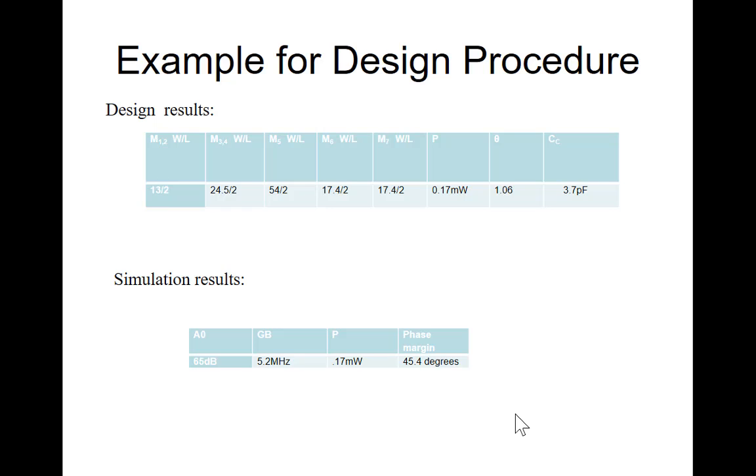What was I trying to get? 5. I see a DC gain, A0, of 65 dBs. What was I trying to get? 66. I'm a dB off on my gain. My power is right on. My phase margin is a little bit soft.